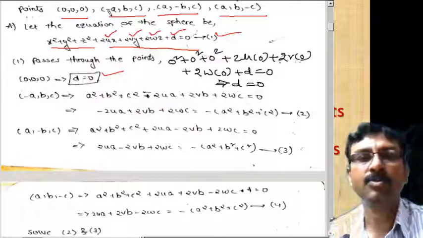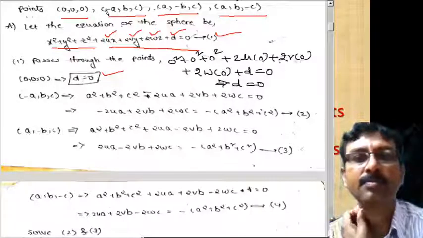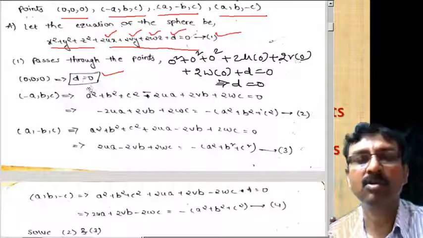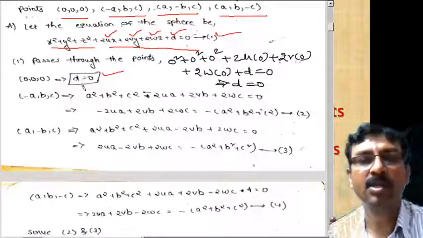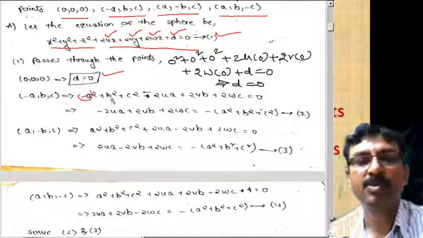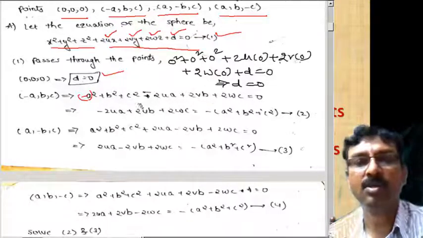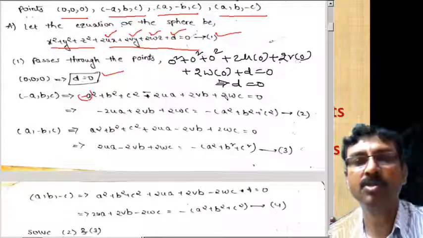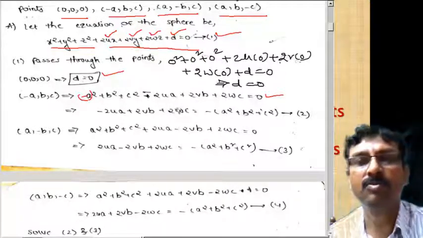Next, substitute the second point, -a, b, c, in equation 1. We get a square plus b square plus c square, minus 2ua plus 2vb plus 2wc equal to 0.